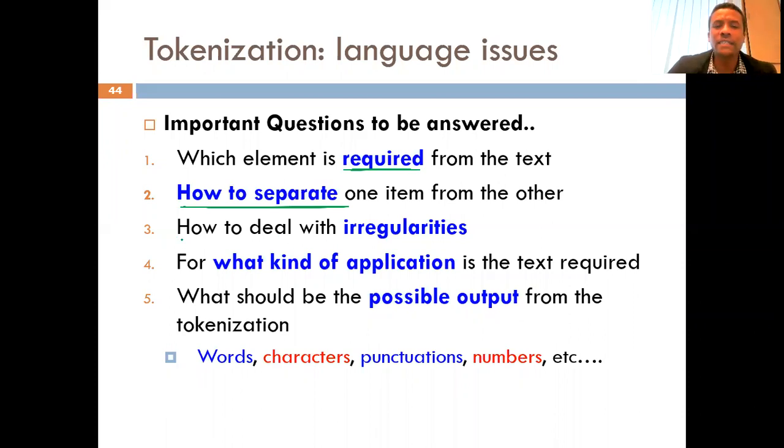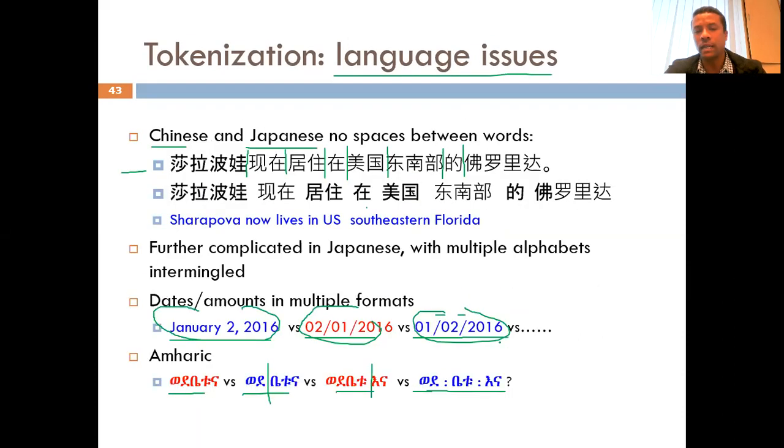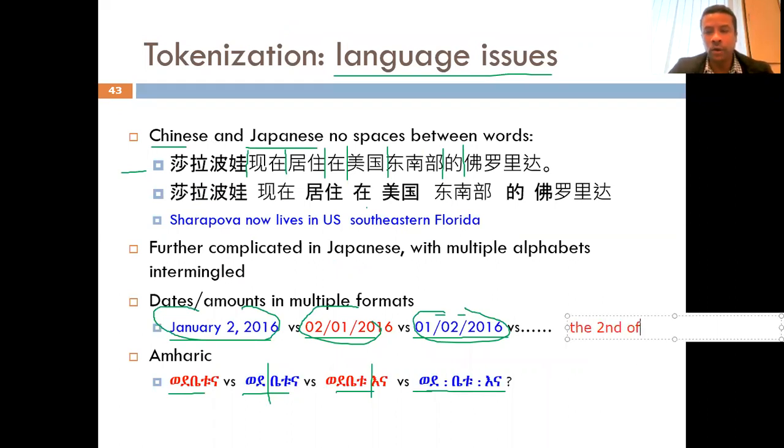Then the other thing is how you have to deal with irregularities. Mind you, language is filled with irregularities. So how are you going to deal with that irregularity? For example, here we said there is a date. What if you have such a date which is not regular? What if you find it written like this, the 2nd of January 16?